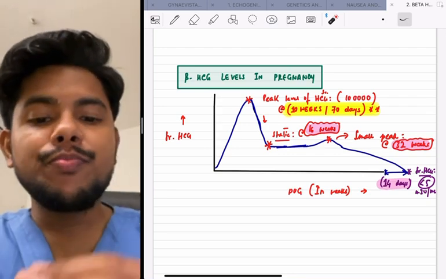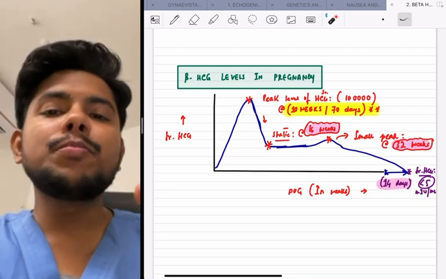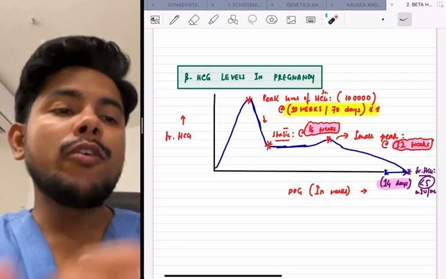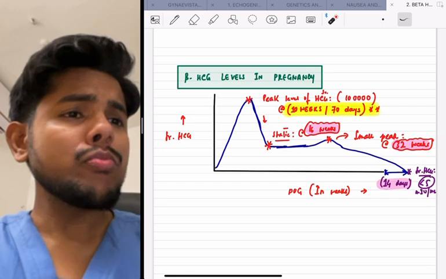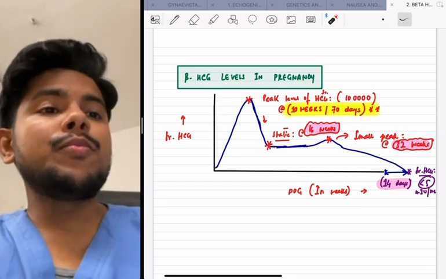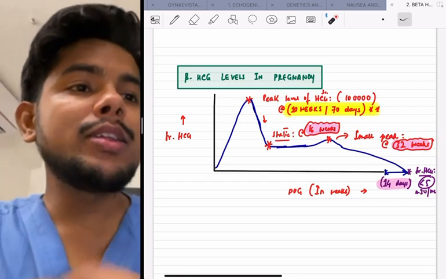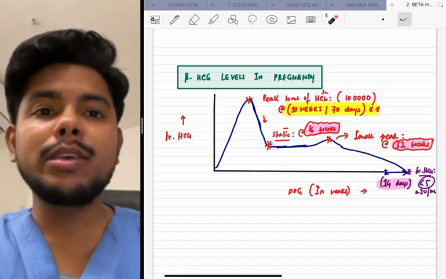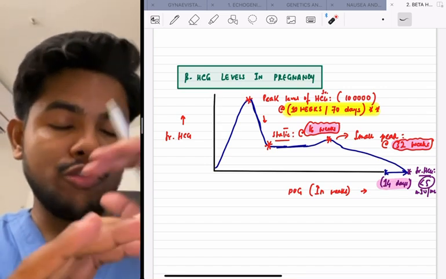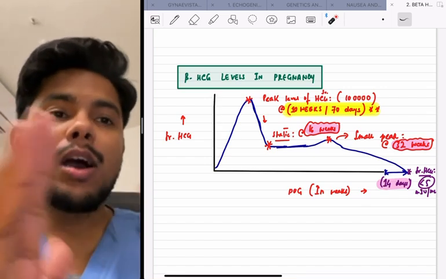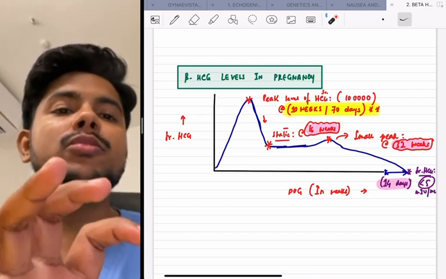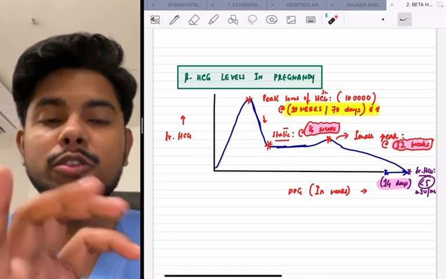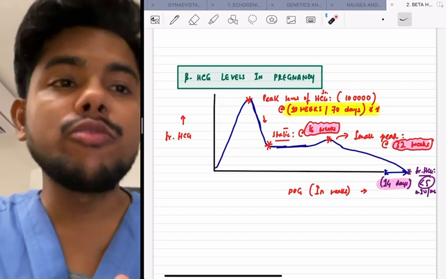After 10 weeks, it is the placenta which is the principal factory for producing progesterone. So if you can see this graph, after 10 weeks, for the rest of the pregnancy, it is the placenta which is producing progesterone in substantial amounts.